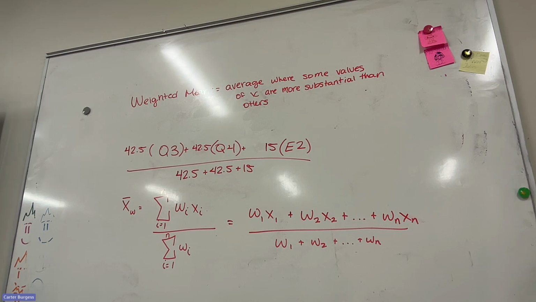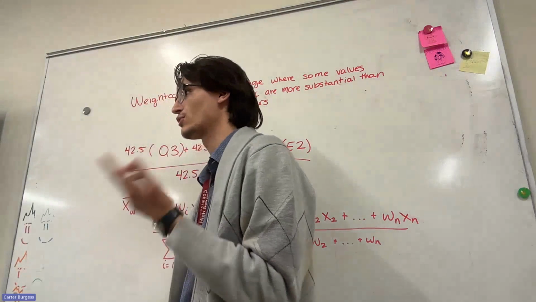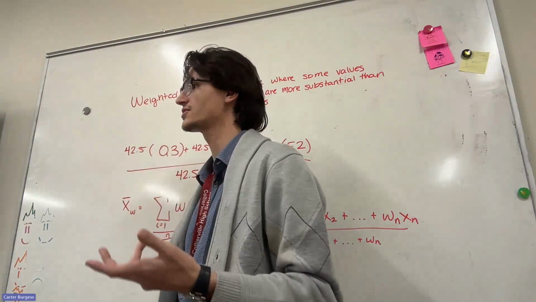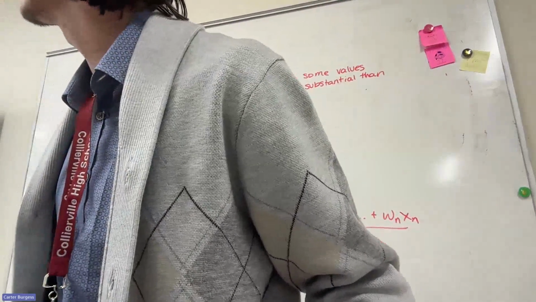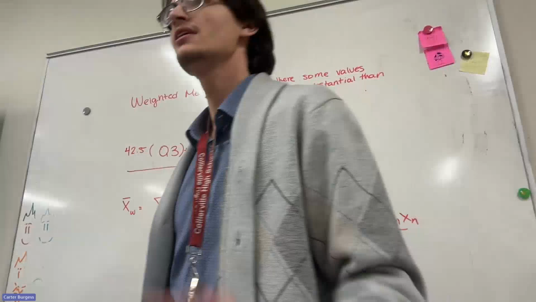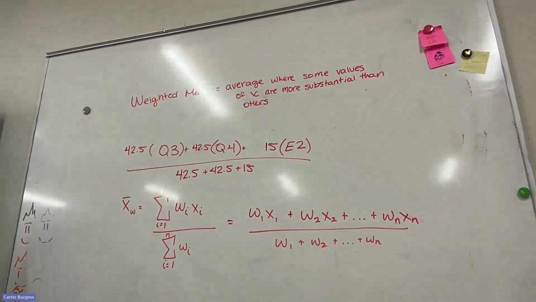I want to take a look at another small scale example of this. I think this really helped my fourth period kind of internalize some of what we're doing. If we take a look at the data set above, where we just have our normal average, we're going to take a tiny subsection of this.